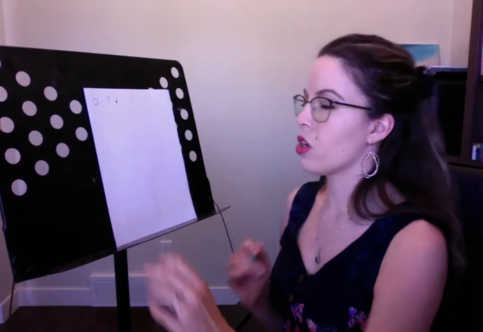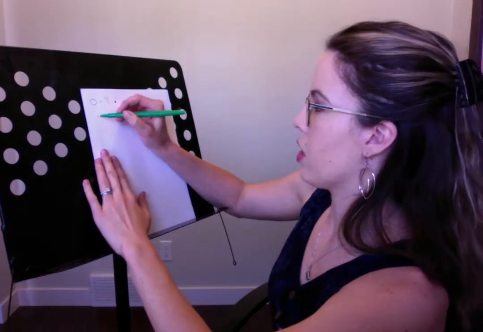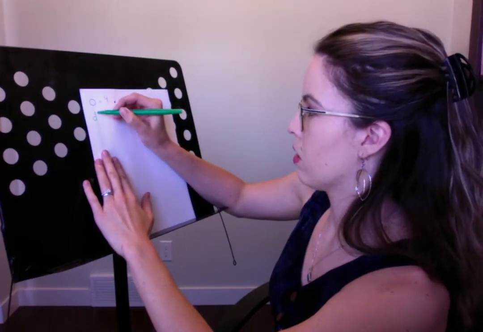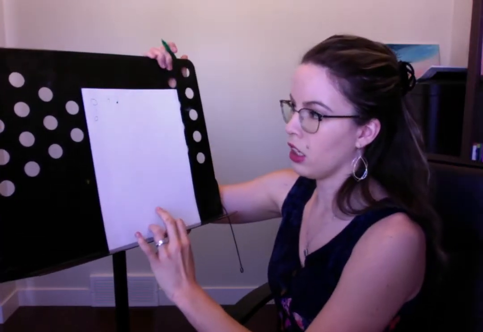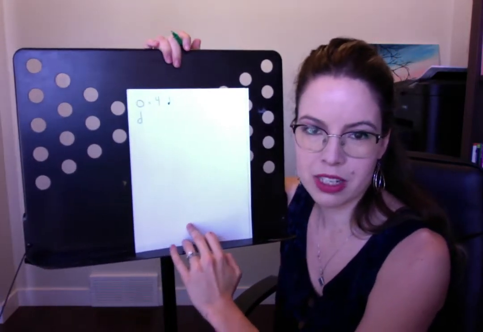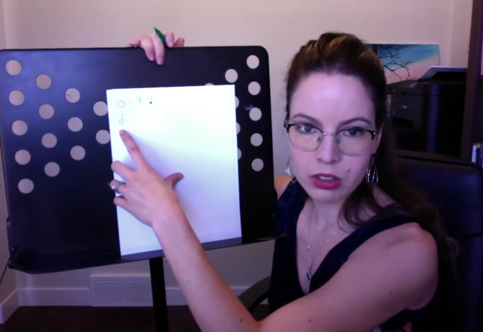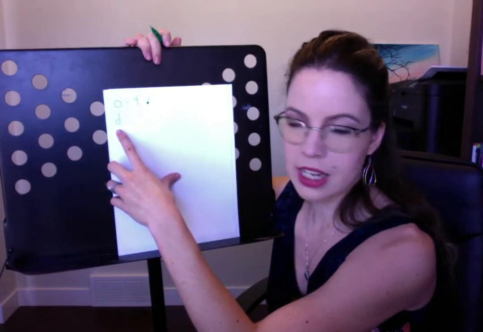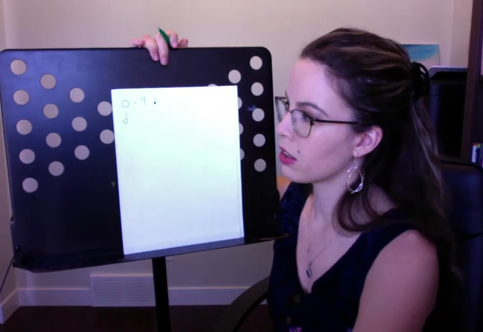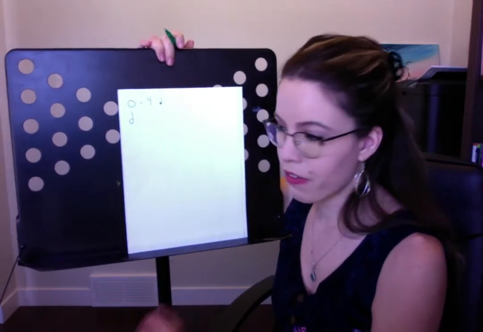All right. So our next one, I'm going to draw it here. It looks like a lowercase d. And I know this isn't great because it's backwards, but we'll have to do what we can. What is this one called? This one is a half note.